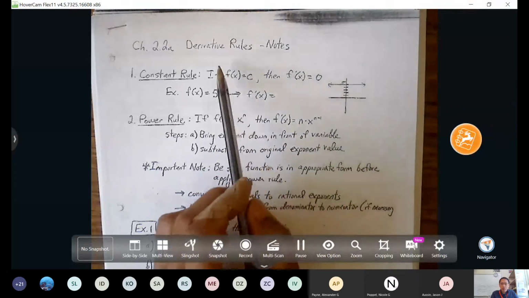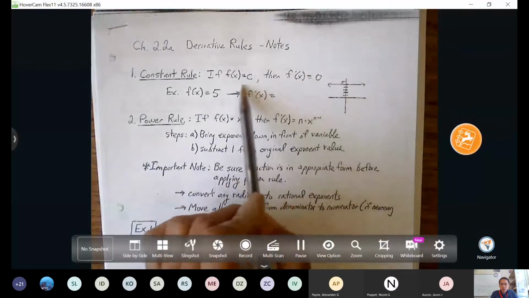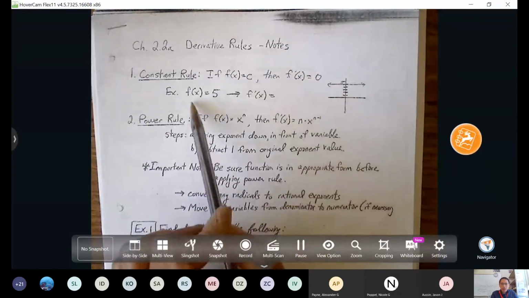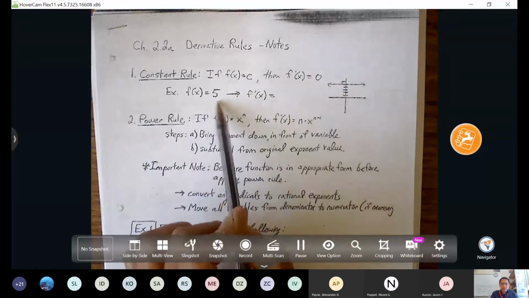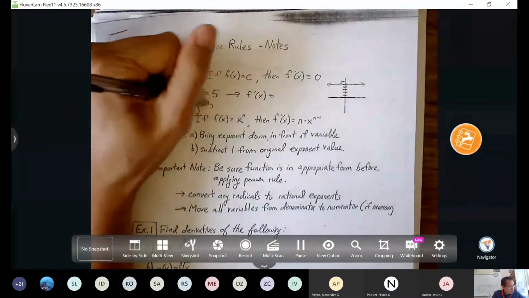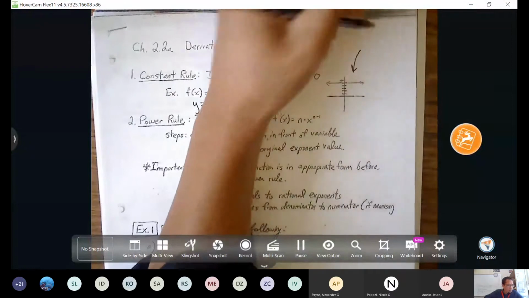Rather than memorizing this, I want to create a visual picture of this for you. Let's say we have a function f of x equals 5, which is the same thing as y equals 5. And we know that y equals 5 is just a horizontal line.